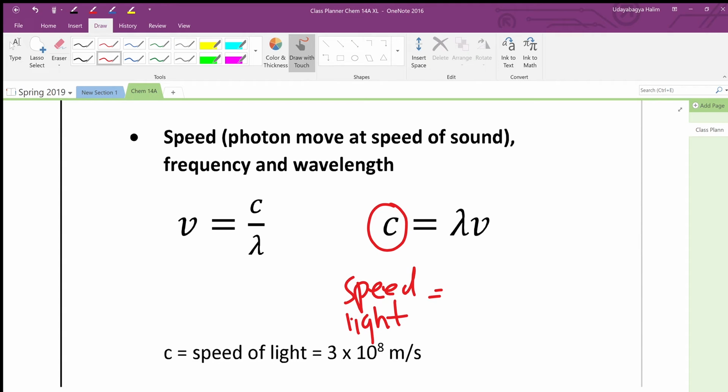So these are how the equations actually relate from one to the other. The speed of light is equal to lambda, here the wavelength, times v, which is the frequency.